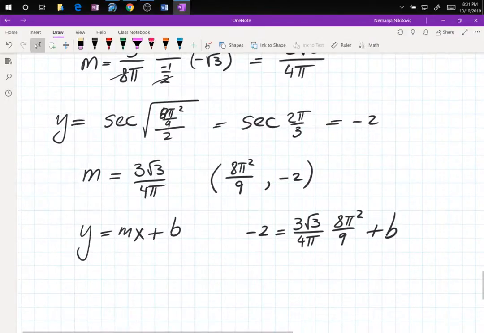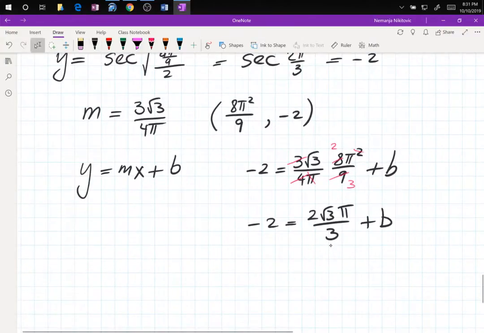Good. 3 cancels 9. 4 cancels 8. The square cancels one of the pi's. And we are left with negative 2 is equal to 2 root 3 pi over 3 plus b. So b equals negative 2 minus 2 root 3 pi over 3.